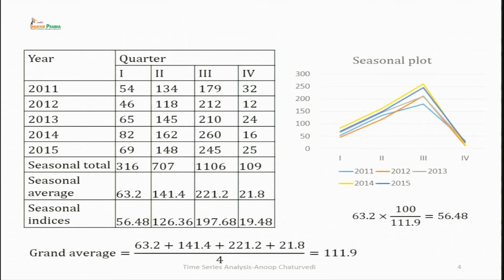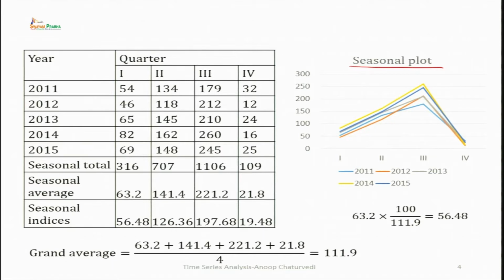If you consider the seasonal plot for this data set, the seasonal plot is given here. And from the seasonal plot, it is very clear that the observations have seasonal behavior. The observations have an increasing pattern in quarter 3 for all the years. The observations have some kind of periodicity also.